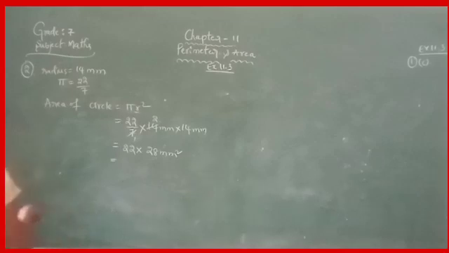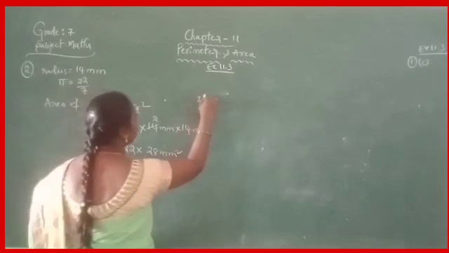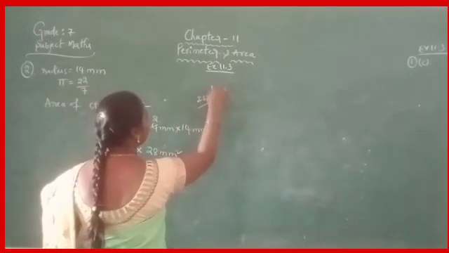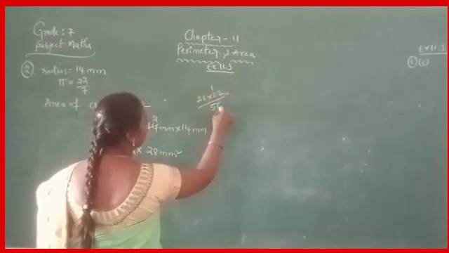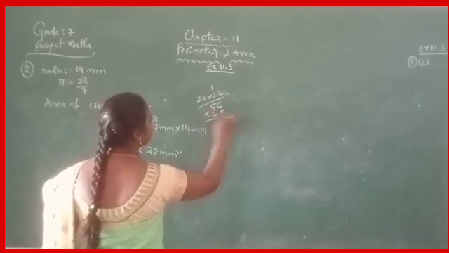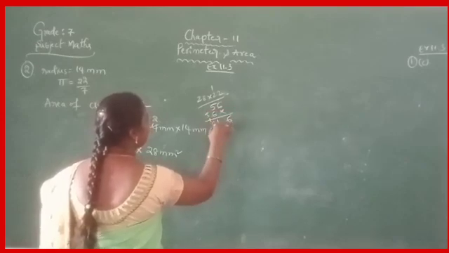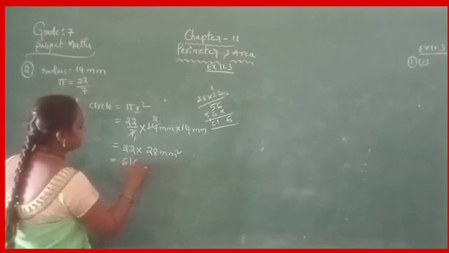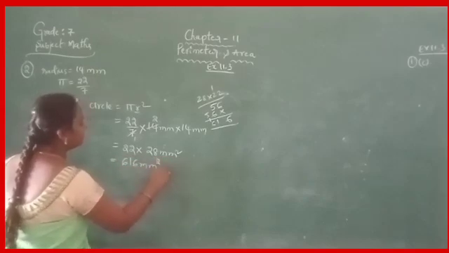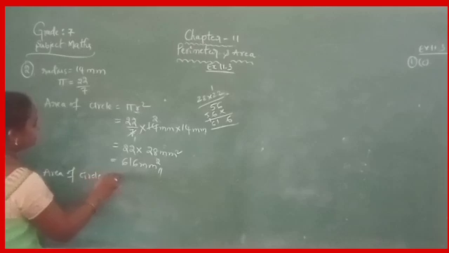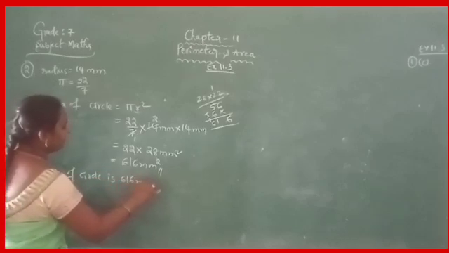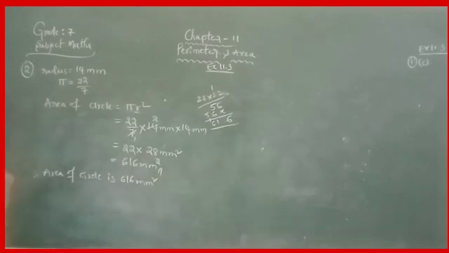Now simplify 22 into 28. 2 8s are 16. 2 2s 4 plus 1 is 5. Write 56. 6 plus 11 is 16. That is 616 millimeter square. Now tell me, what is the area of the circle here? Therefore, the area of the circle is 616 millimeter square. Is it clear, children?